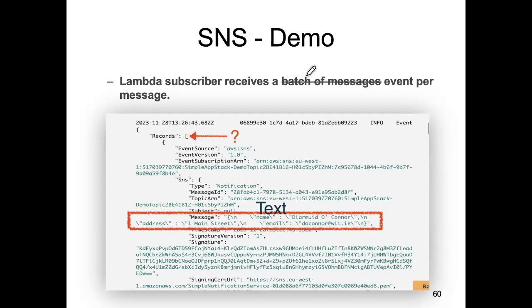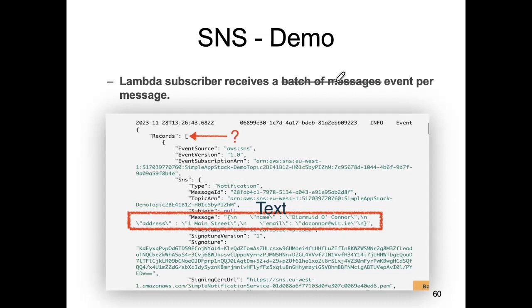That's why I've written it here, but I've struck it out, because at least from my reading of the documentation, there is a one-to-one. Each message will get its own Lambda instance execution, if you like. Right.